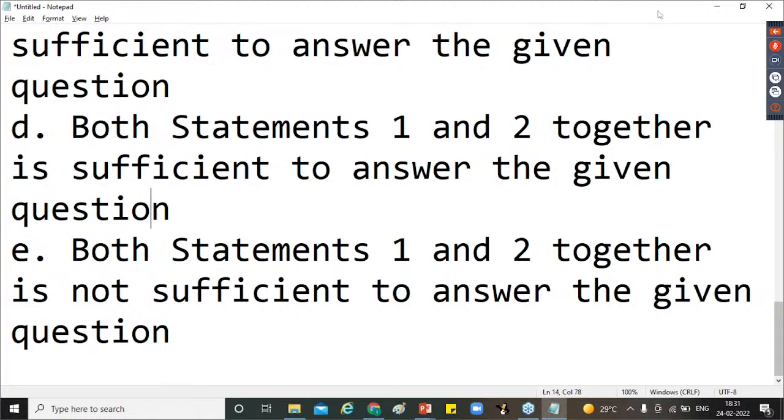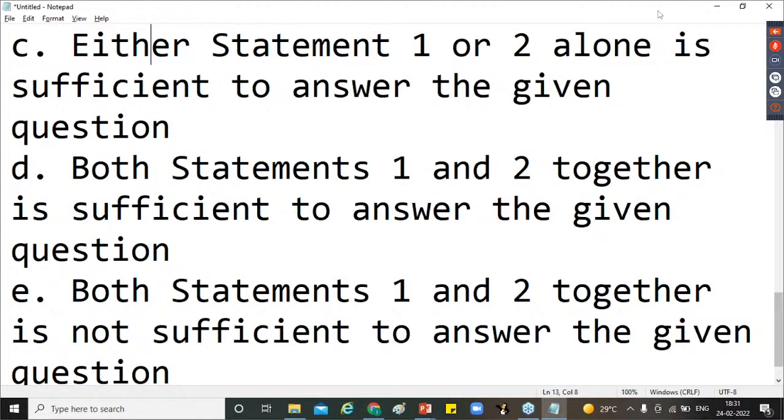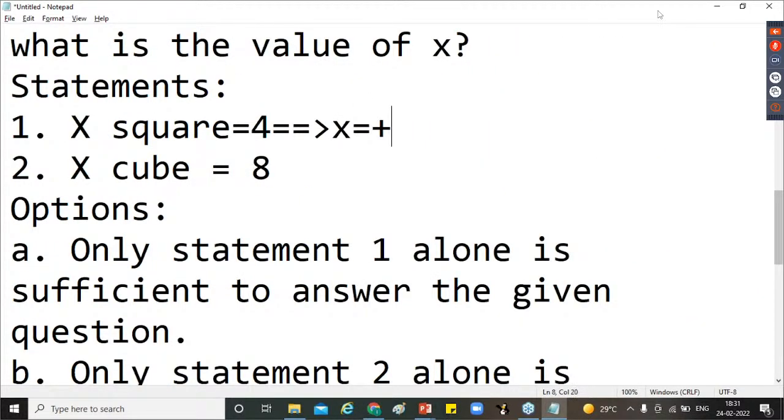Okay, so for example, here x square is equal to 4. What is the x value? Whenever x square is equal to 4, the x value may be +2 or -2. Which one is correct? Both are possible values. That is the reason statement 1 alone is not sufficient.